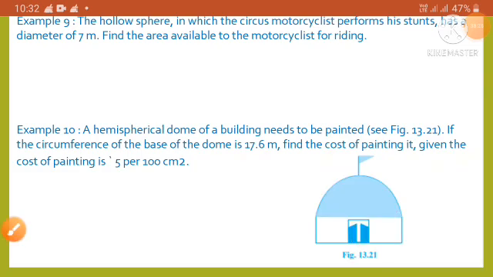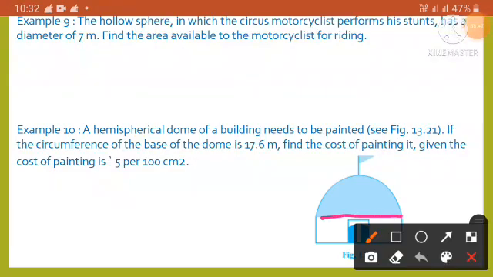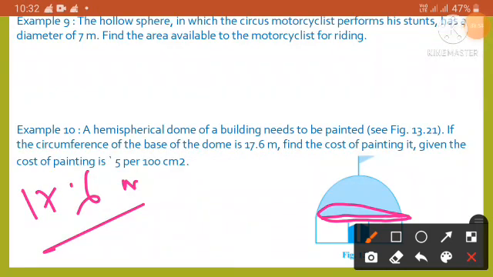So in the question, it is a hemispherical dome of a building needs to be painted as shown in this figure. If the circumference of the base of the dome is 17.6 meter here, find the cost of painting it, given the cost of painting is rupees 5 per 100 centimeter square.